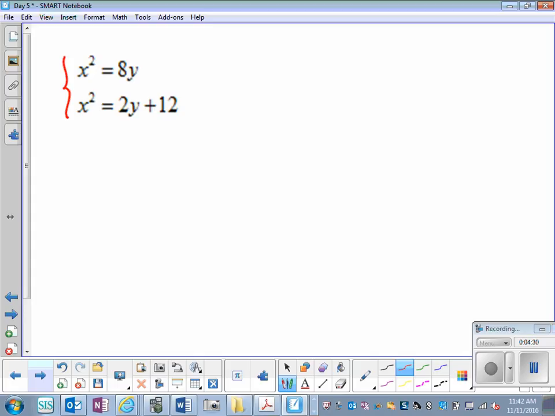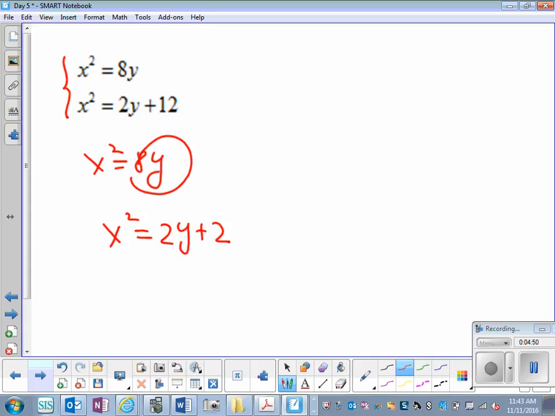We don't have to isolate x, we could just isolate x squared. So in the first one, we know that x squared equals 8y. And now we can use this expression 8y and substitute it for x squared in the second equation. So I write the second equation and use my 8y instead of x squared.